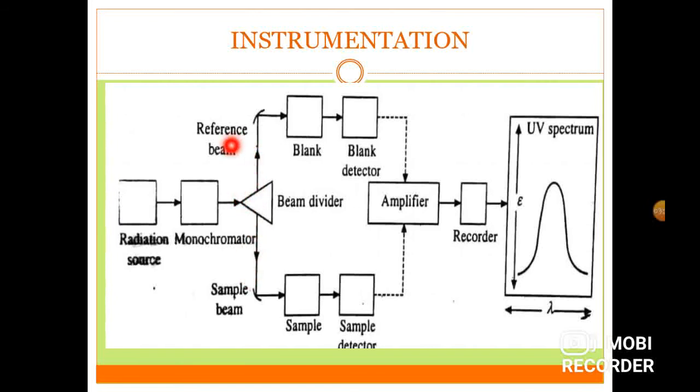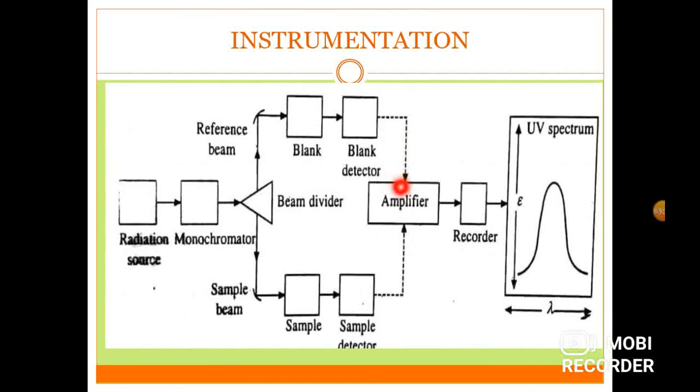The reference beam passes through the blank, then to the detector, and the sample beam passes through the sample and then to the detector. After detection, the signal comes towards the amplifier.